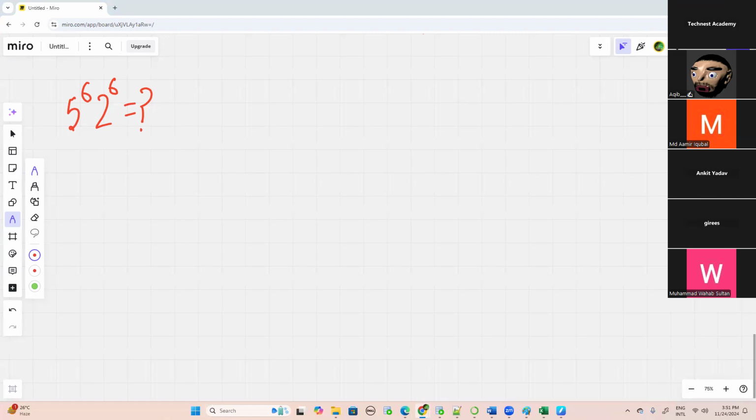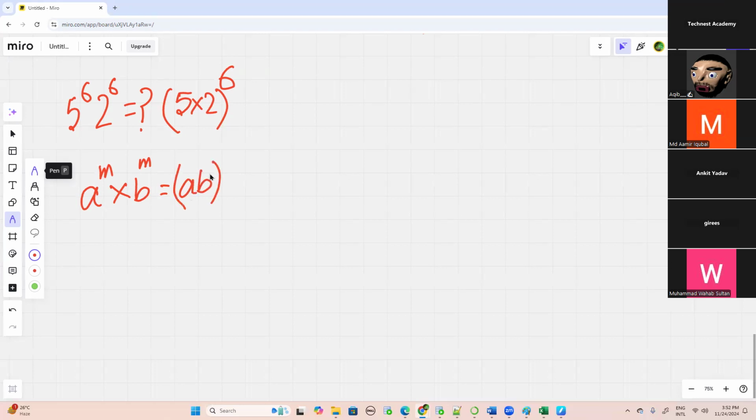So instead of solving 5 to the power 6 and then multiplying 2 to the power 6, you can write 5 into 2 to the power 6. The concept here is if you have a to the power m into, let's say, b to the power m, if the power is same, then you can write this as a into b to the power m.